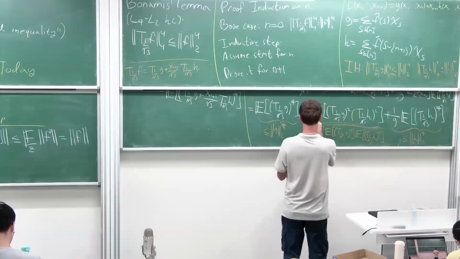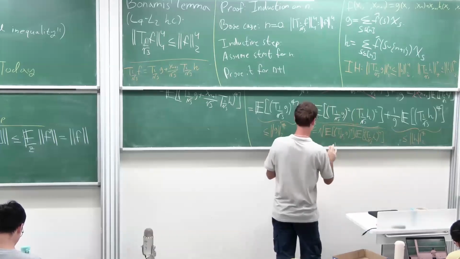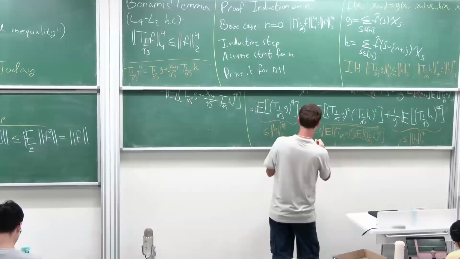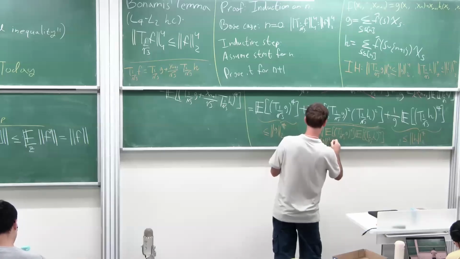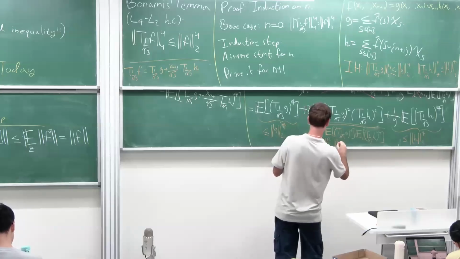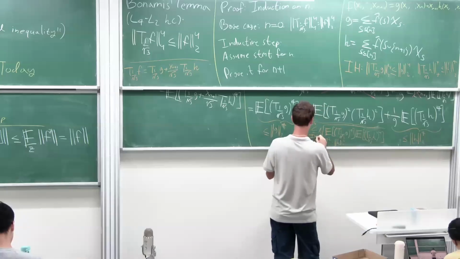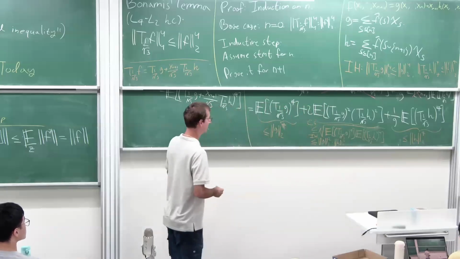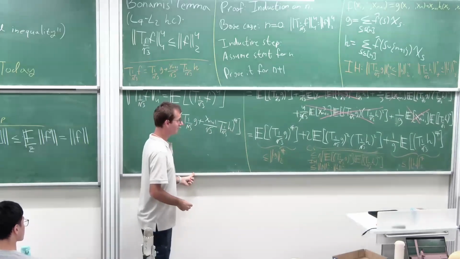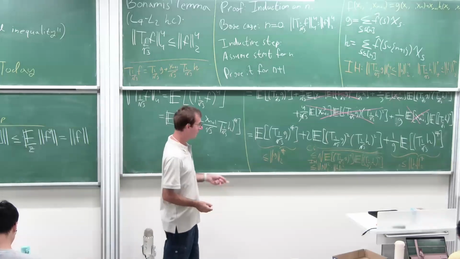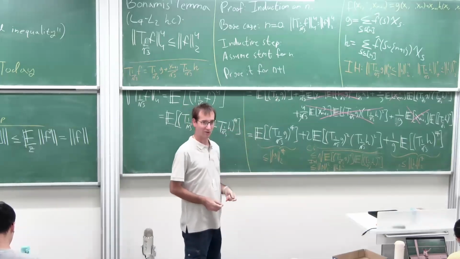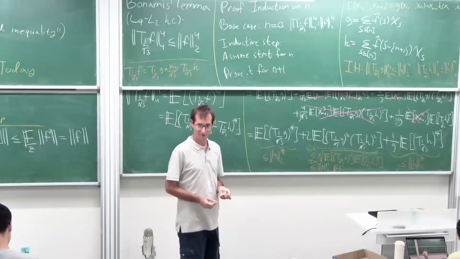So this is Cauchy-Schwarz, which is at most ‖g‖_2^2 times ‖h‖_2^2. This is the induction hypothesis. So we applied the Cauchy-Schwarz inequality to get something which we can bound using the induction hypothesis.